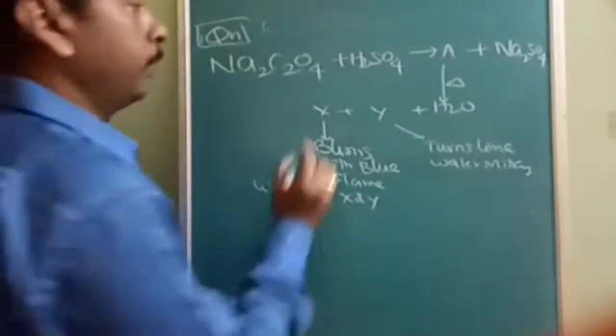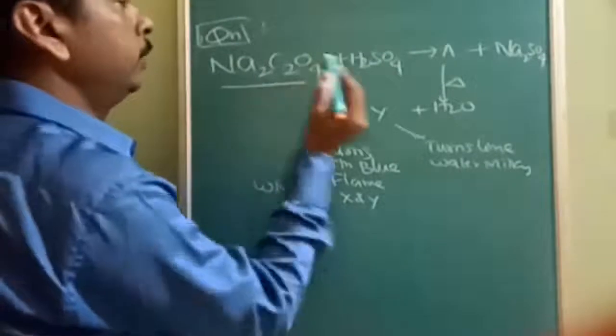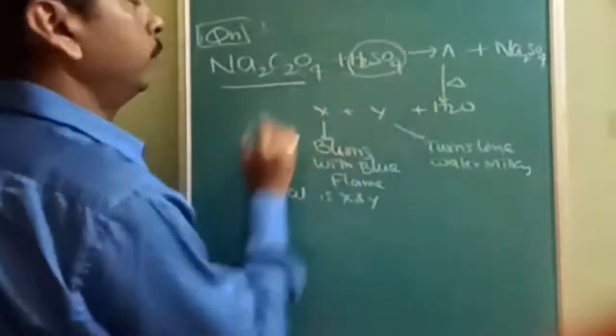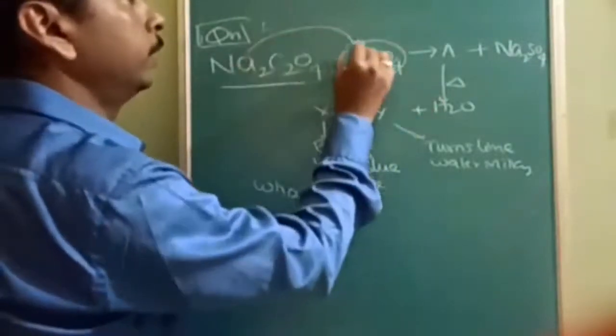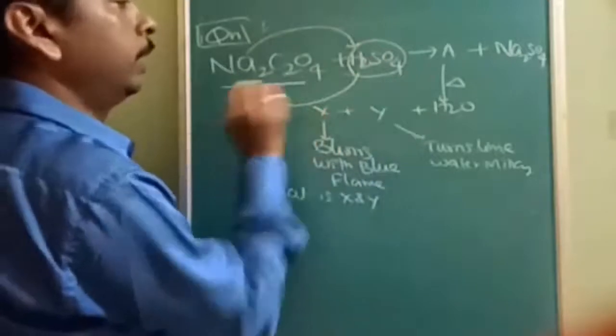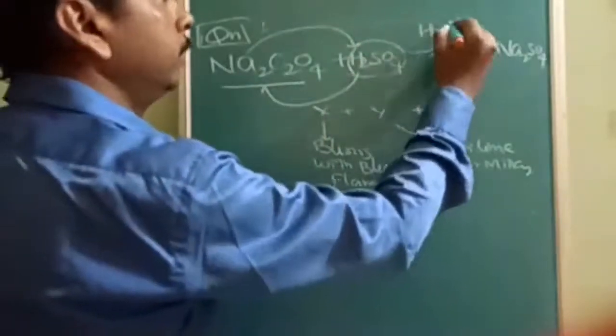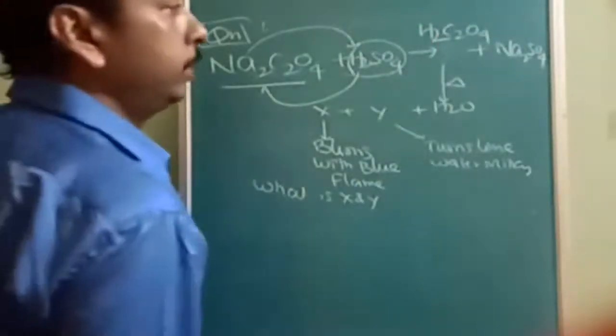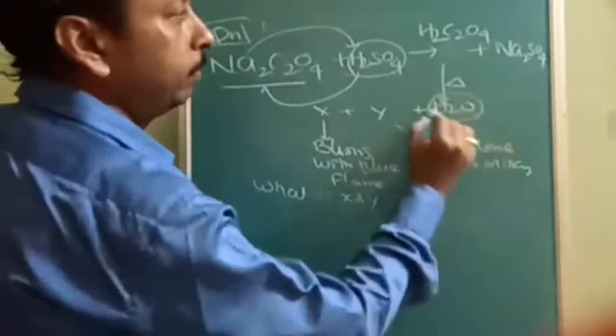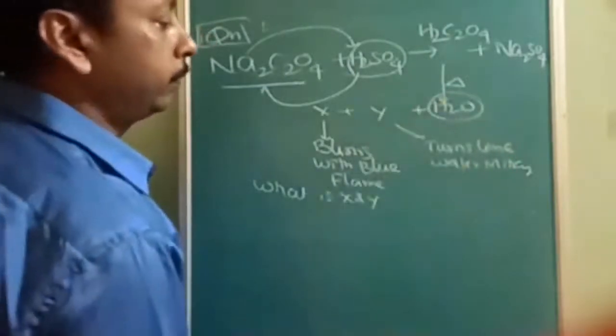Very simple question. See, Na2C2O4 plus H2SO4 is a double displacement reaction. Sodium will go here, hydrogen will come here. A is oxalic acid, H2C2O4. Simply, what you have to do is eliminate water.